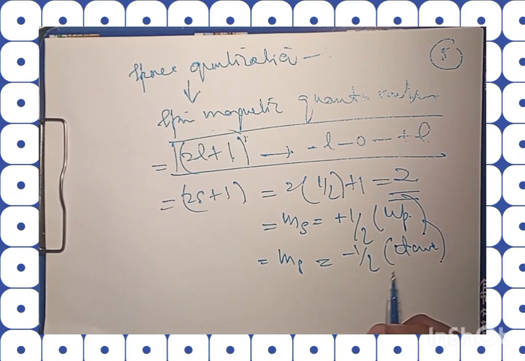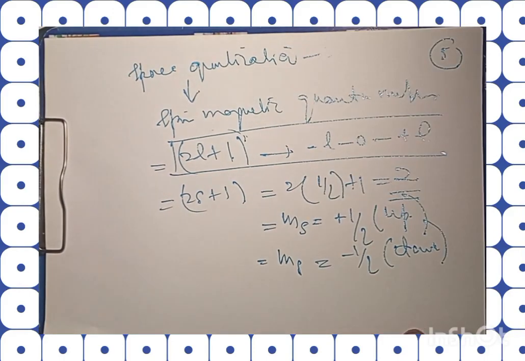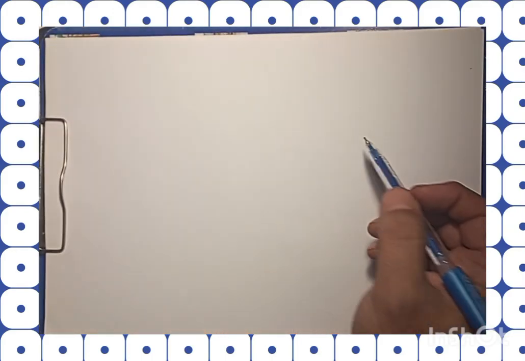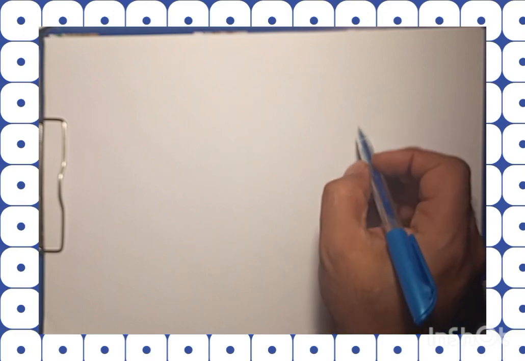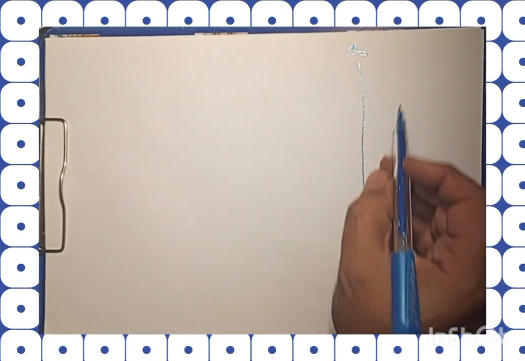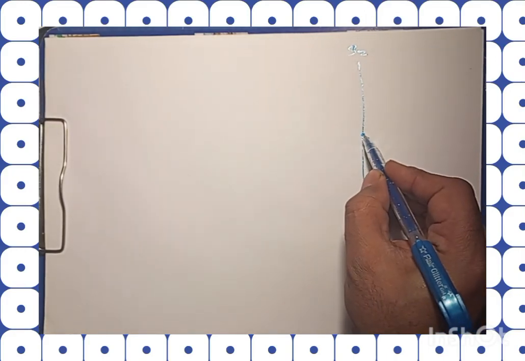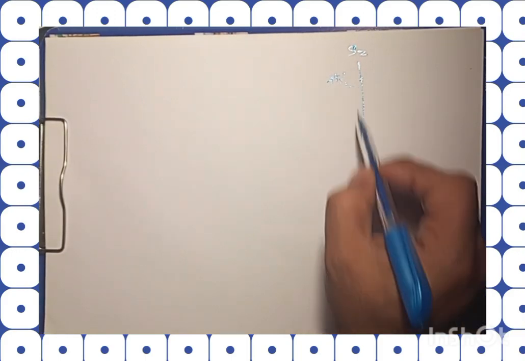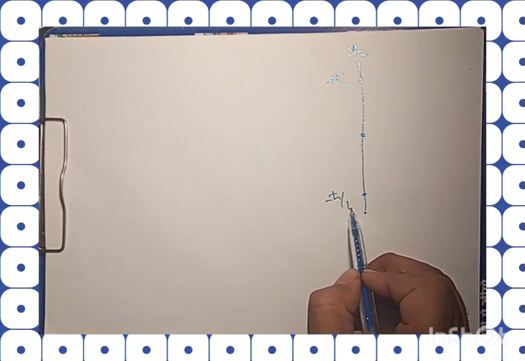So if we have to draw the components of this space quantization of spin, assuming this is the z direction of spin, Sz, suppose this is the origin, and here we have plus h cross by 2, and here minus h cross by 2.